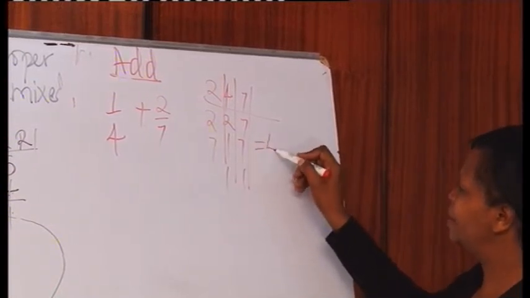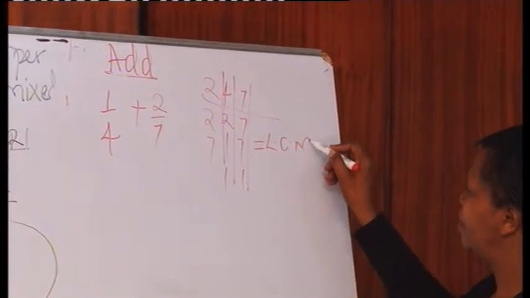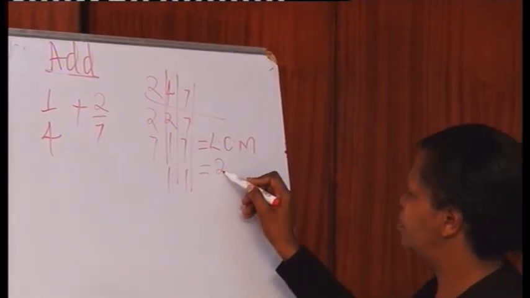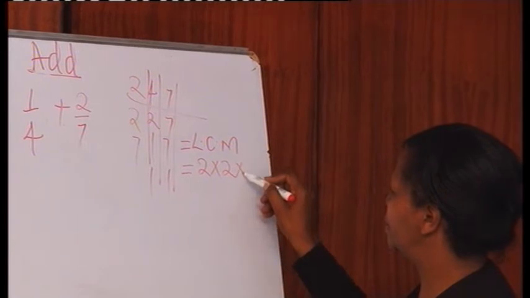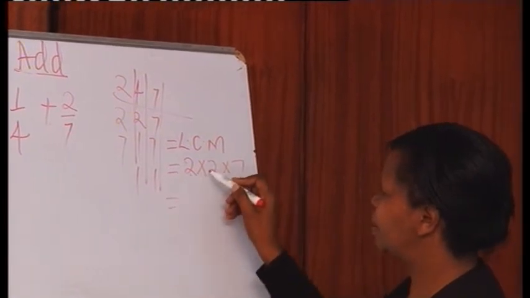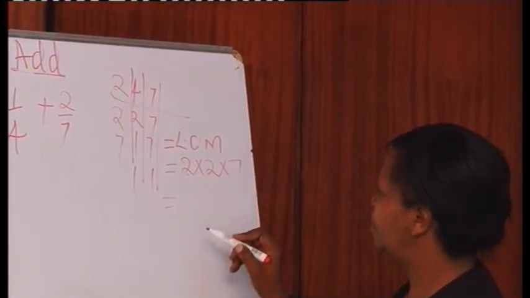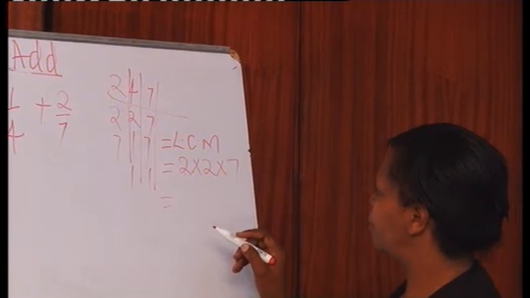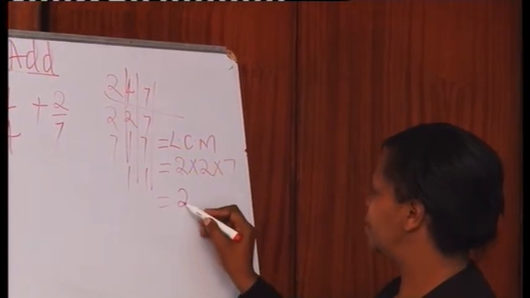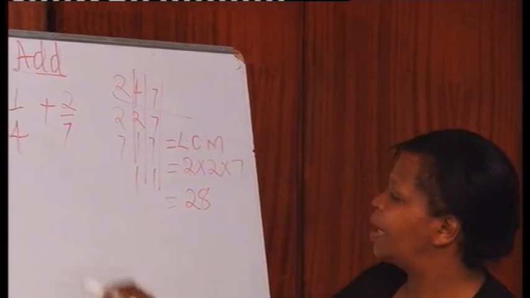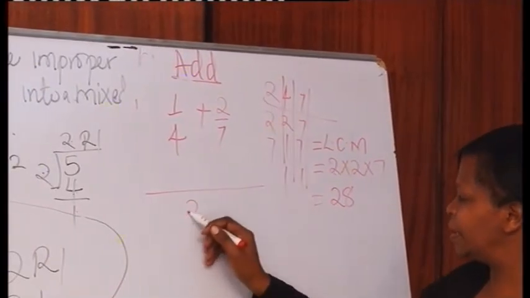So the LCM will be 2 by 2 by 7, meaning 2 times 2 is 4, 4 times 7 is 28. So the LCM now is 28.